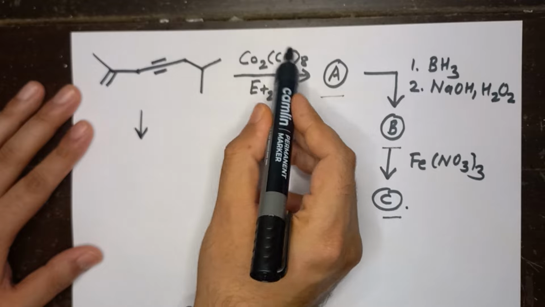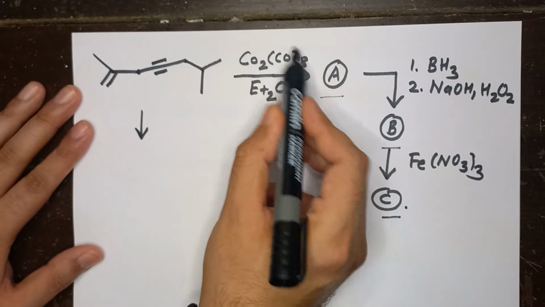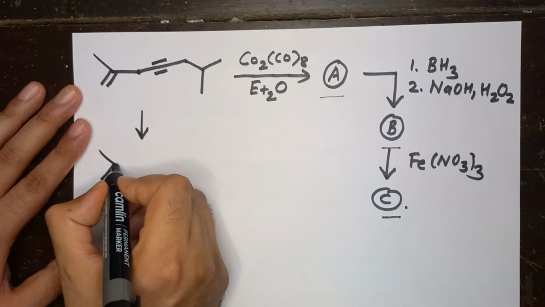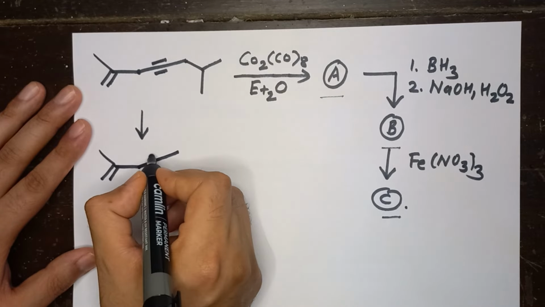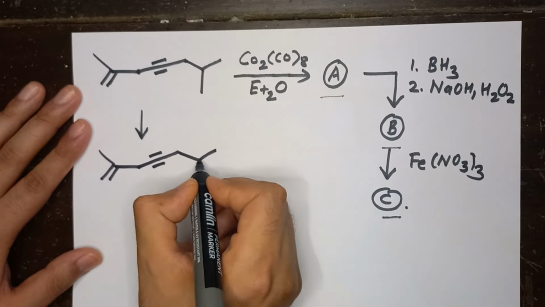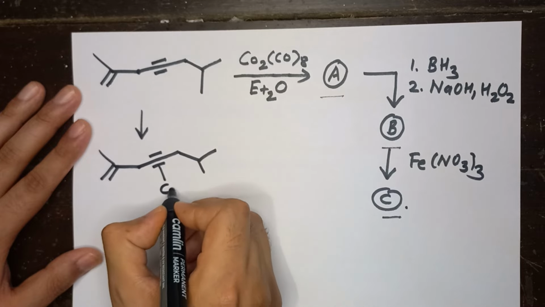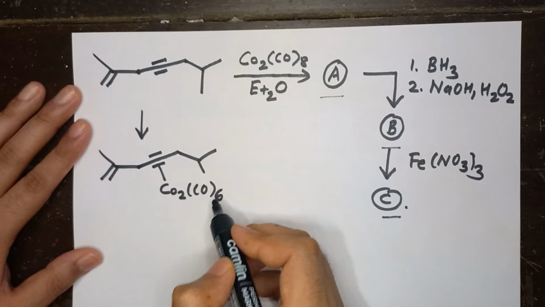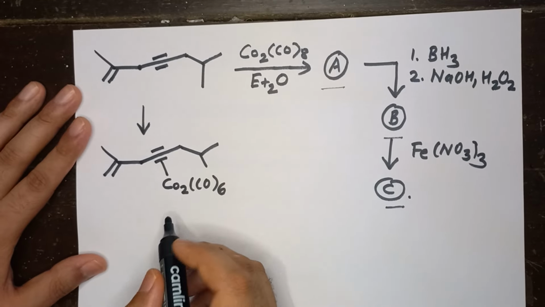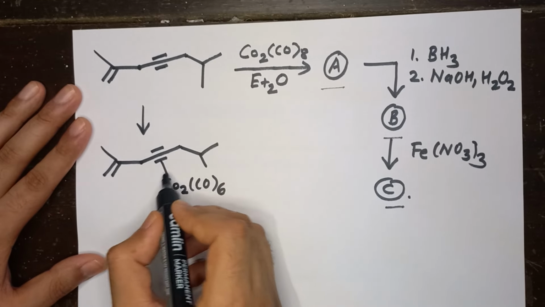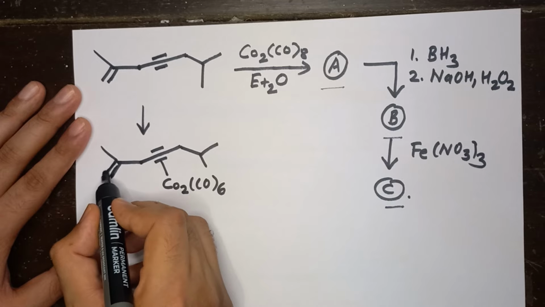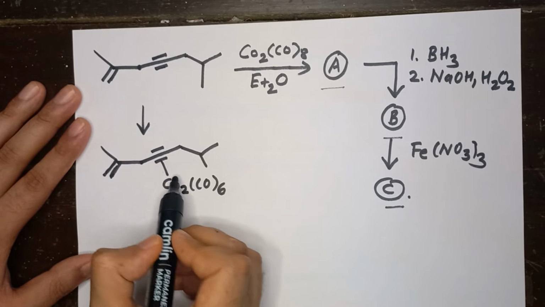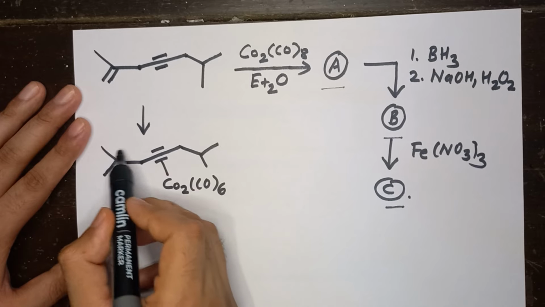So we protected it by using this particular reagent, and the structure of A will be, so this is now bonded with Co2(CO)6, not 8, 6. Okay, so now this is blocked. Now I can react my double bond. So the triple bond is more reactive than the double bond, but I protected it. So now I can react my double bond.